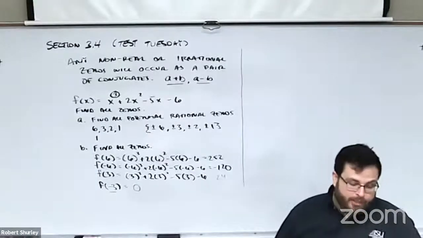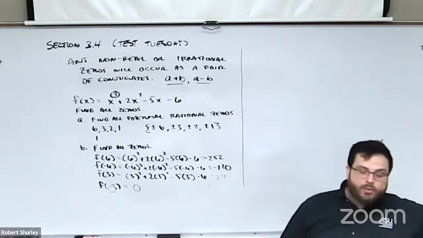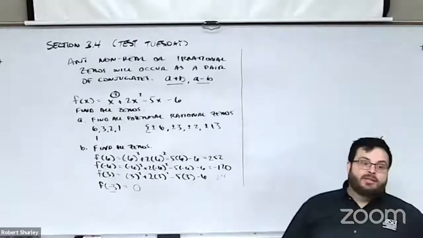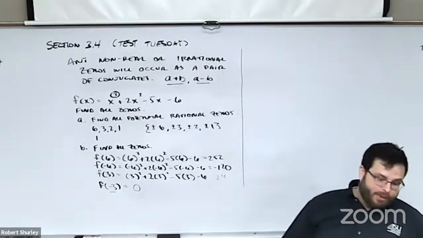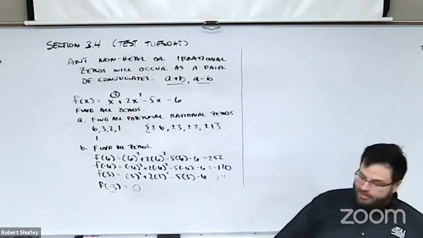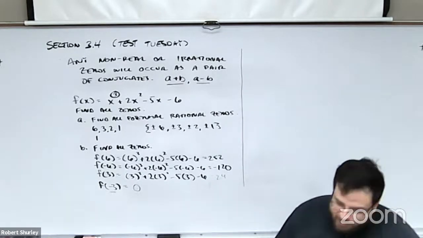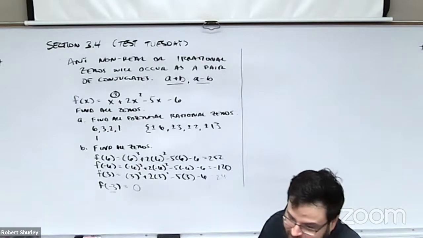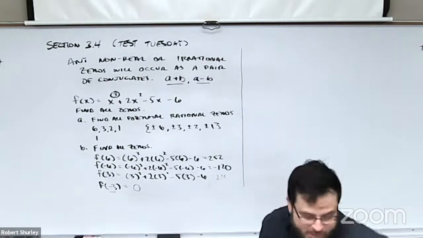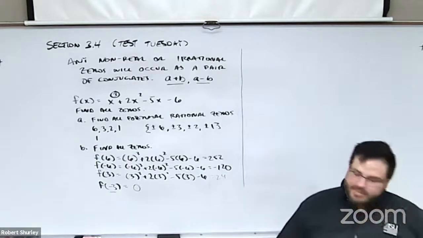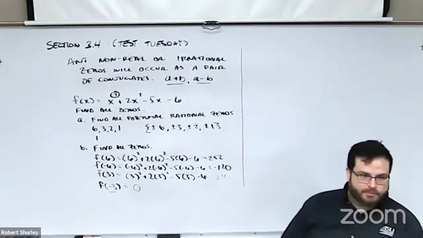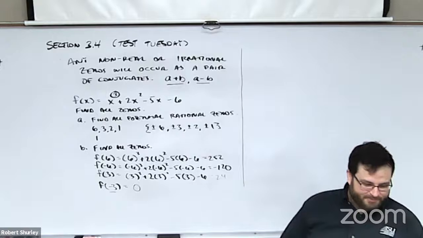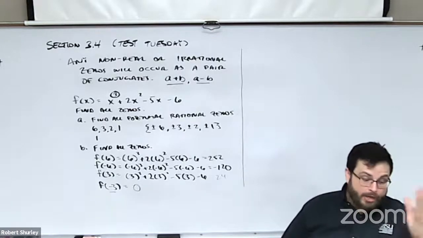What was the entire lecture about in section 3.3 in the last lecture? What did we learn to do in section 3.3? If you want to flip your book over like 4 or 5 pages, it's probably titled at the very top of the page. What did we learn to do? And Alex is right.